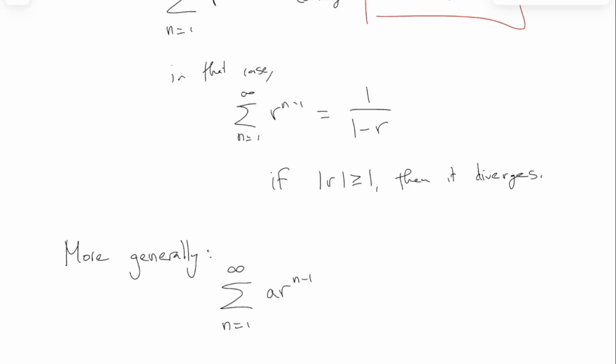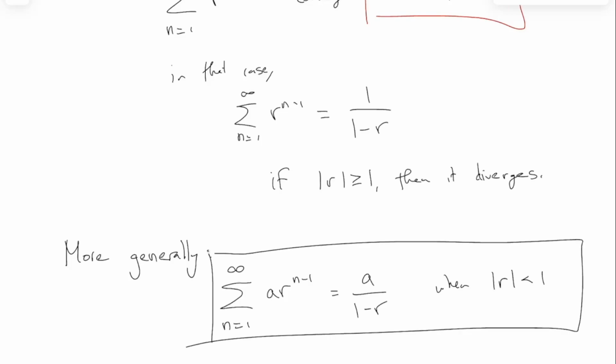And what is that? Well, you can just multiply both sides by a. And so the right-hand side will say a over 1 minus r. This, I will write again, is only true when the absolute value of r is less than 1. This I'm going to put in the box. This is the general formula for the sum of a geometric series.